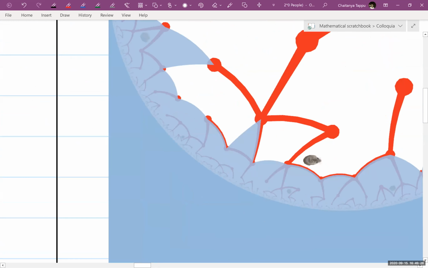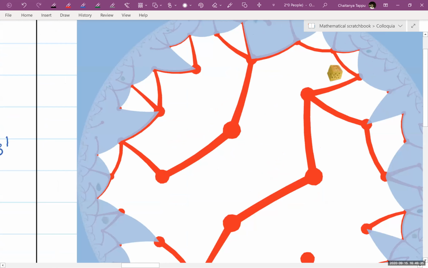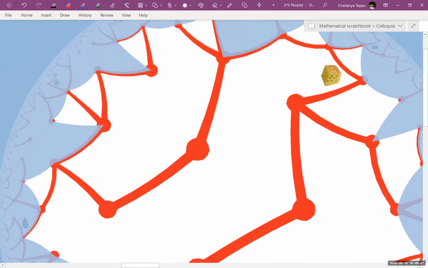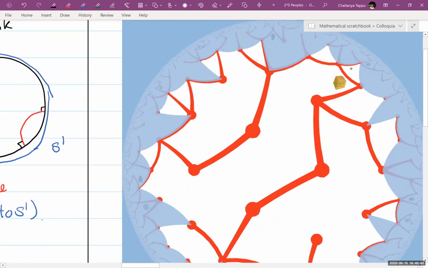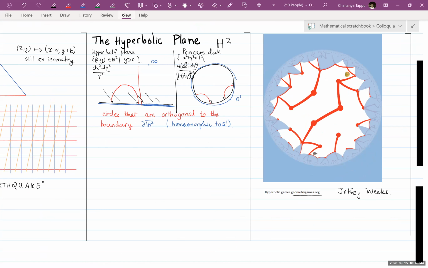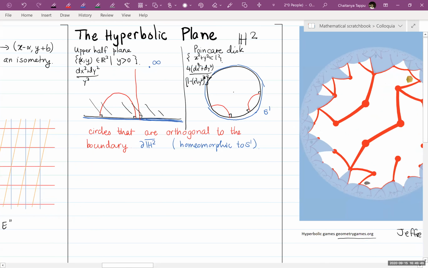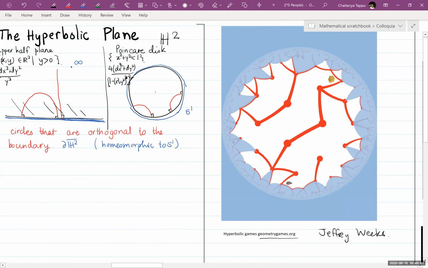Here's a mouse in the hyperbolic plane, and it's in a maze and wants to get to some cheese. And what you see here is the hyperbolic plane, but it's also tiled by the fundamental domain of some compact surface. And as you can see, these lines here are pieces of geodesics.